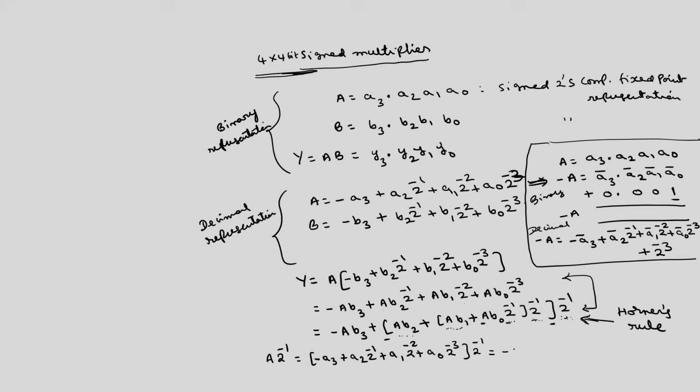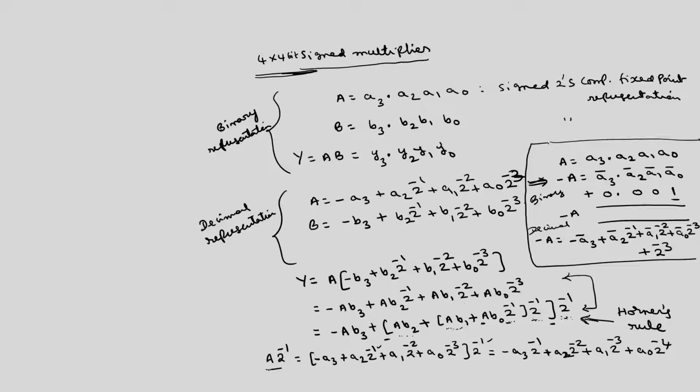This is equal to minus A3 2 raised to the power of minus 1 plus A2 2 raised to the power of minus 2, plus A1 2 raised to the power of minus 3 plus A0 2 raised to the power of minus 4.